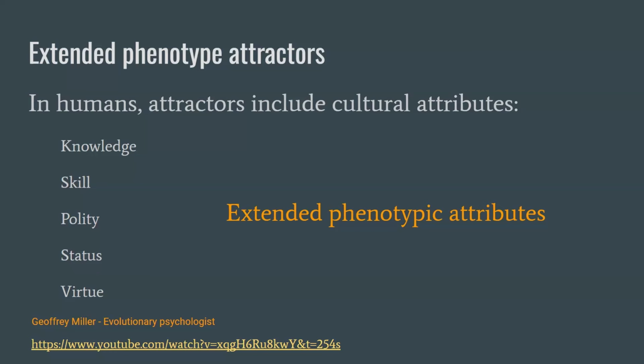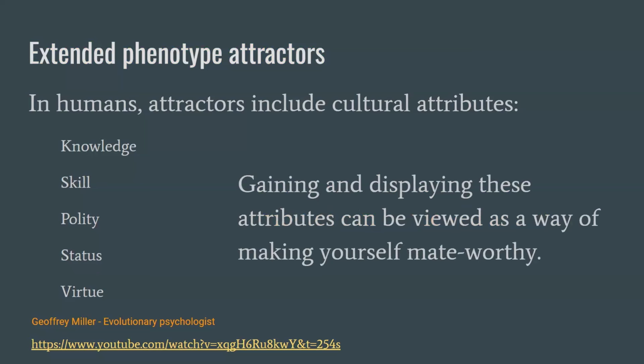In a mate, you're going to look for somebody who's knowledgeable and smart and has a good brain, because those are good things for your genetics to be passed on. And if they have skill, that's a good thing. And if they know how to deal with other people, that's a good thing, and so on. So gaining and displaying these attributes can be viewed as a way of making yourself mate-worthy.